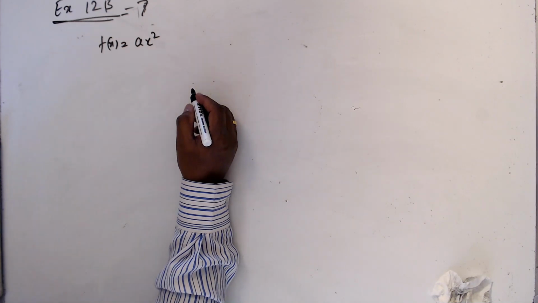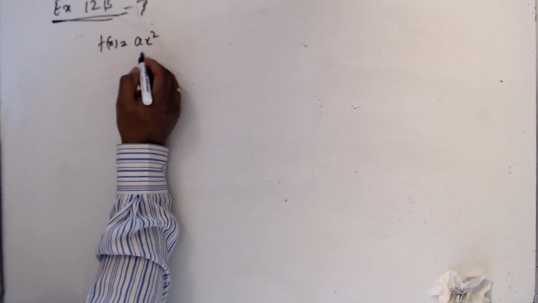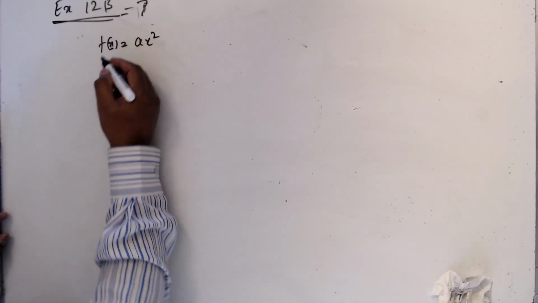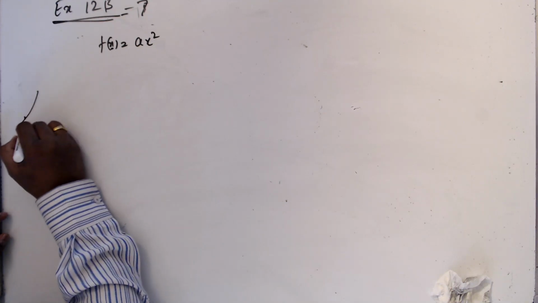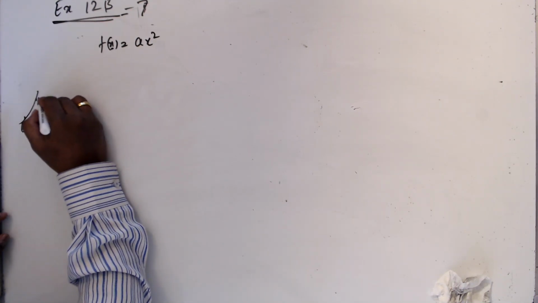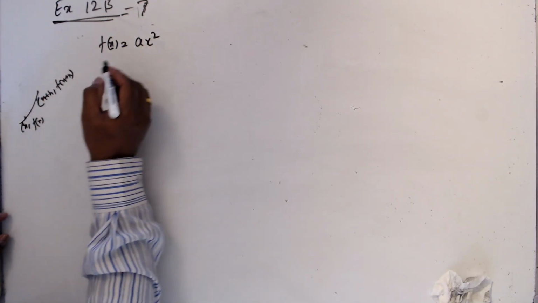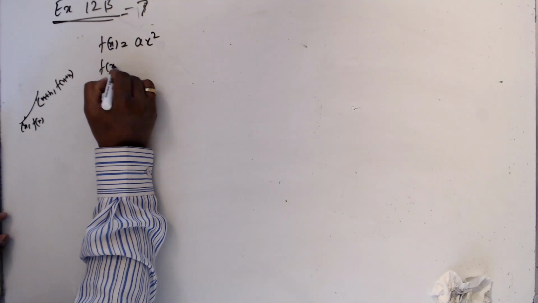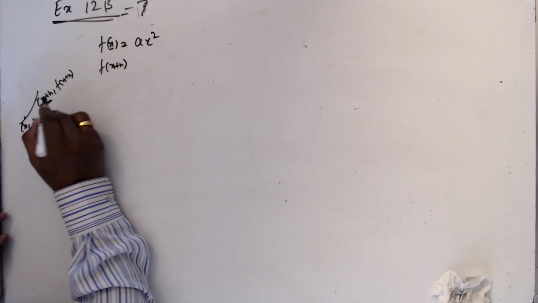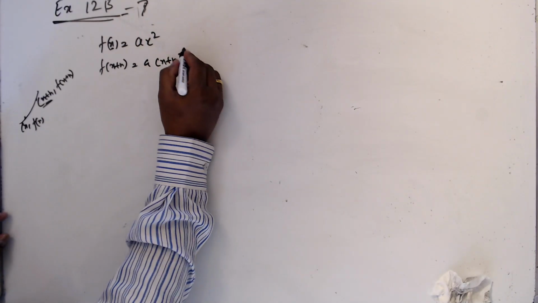f(x) question number 7, f(x) equal to ax square. Now we'll take x as a general point. This is f(x). The other one is x plus h away, then f(x plus h) is a times (x plus h) square.